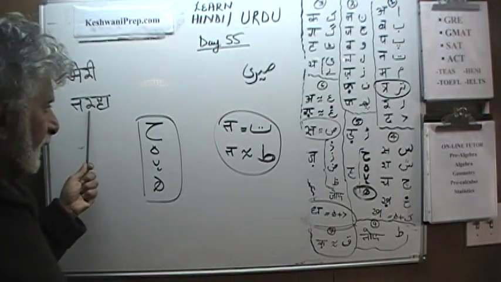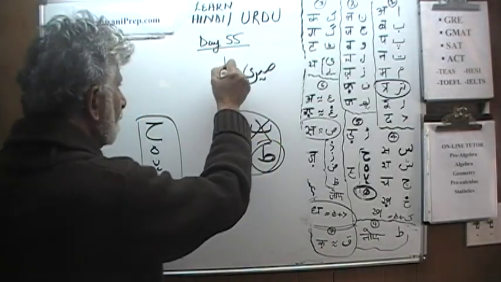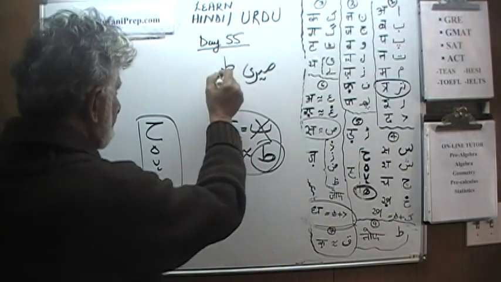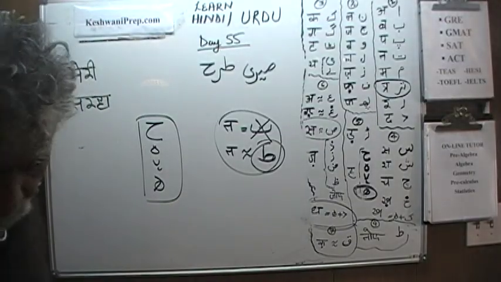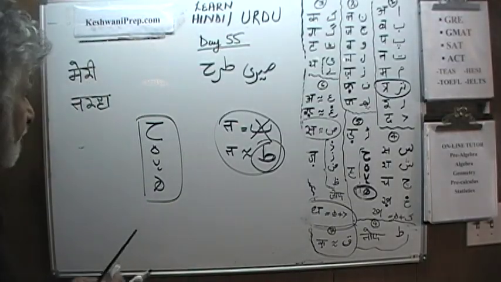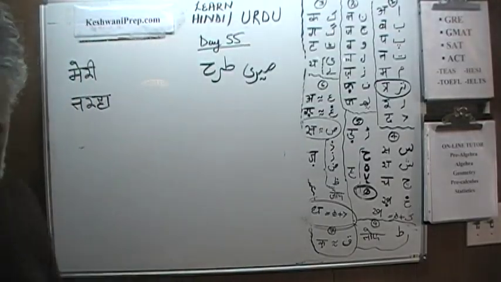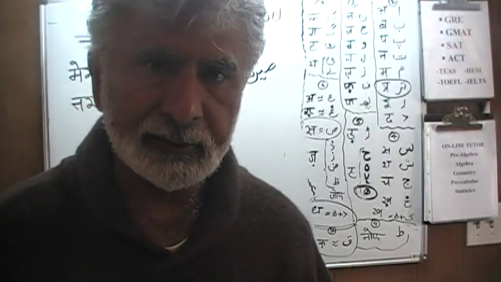This tarha that you have here, we need toy, not a te. We need a toy, and then a ha, then a ra, and then ha right here. Tarha means in that manner, in that mode, same kind.